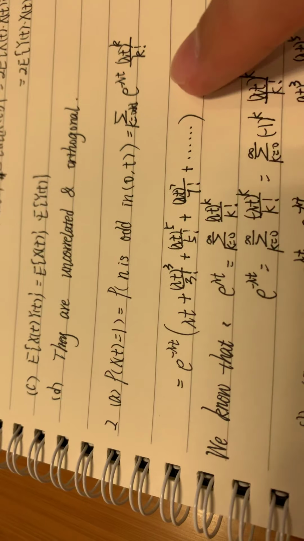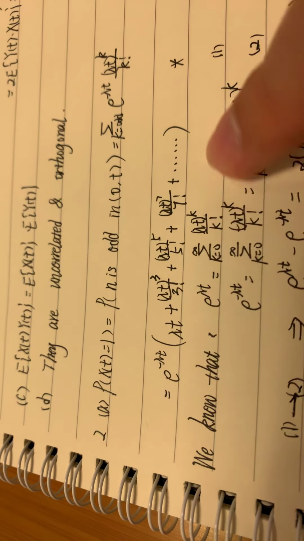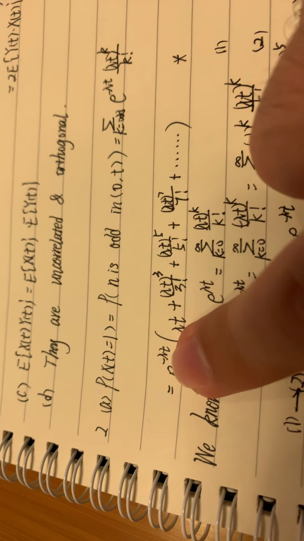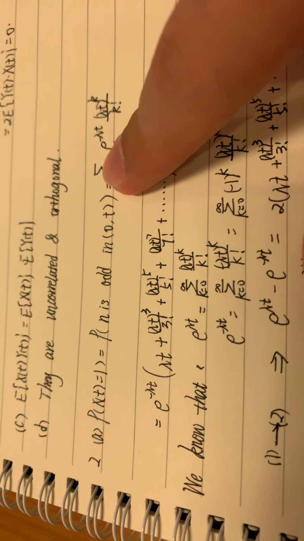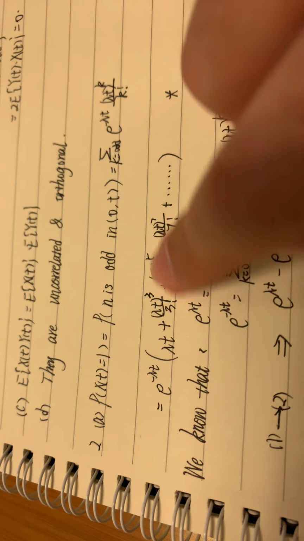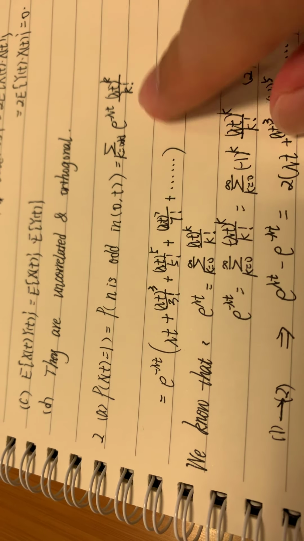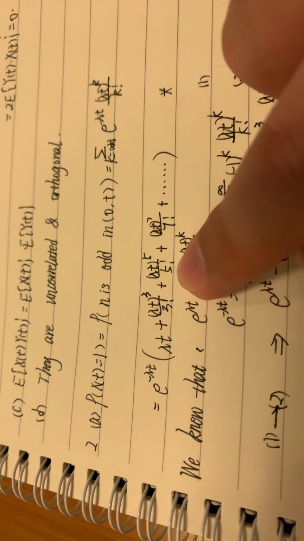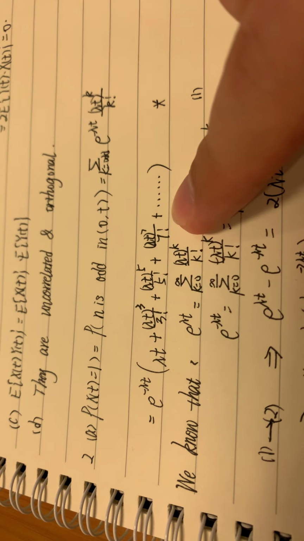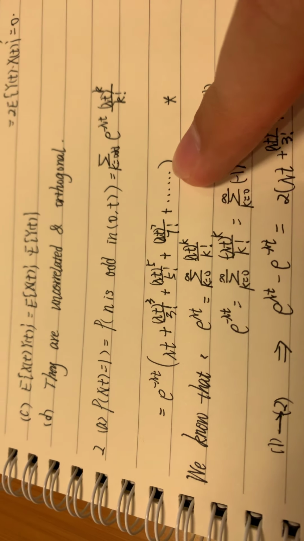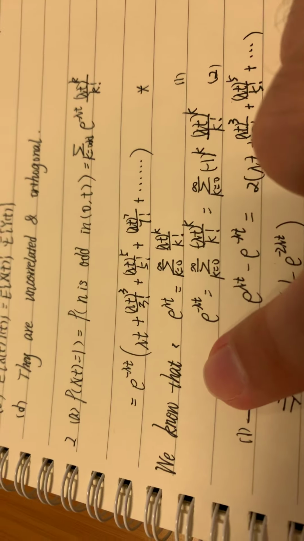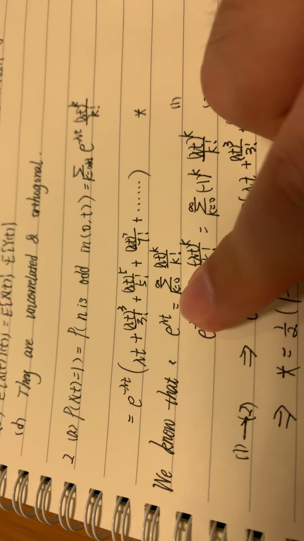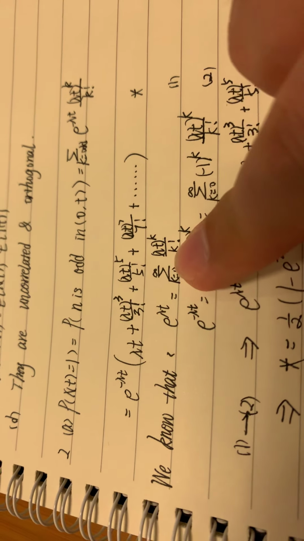Okay, let's put it in expansion. The e to the minus lambda t has nothing to do with the sum, so we keep it outside. Then the sum over lambda t, with k equals 1, 3, 5, 7, is an infinite sum. So let's do the Taylor expansion.